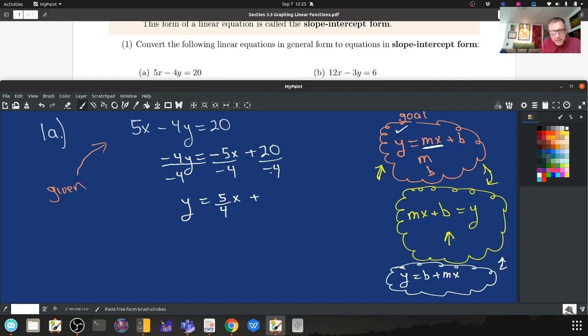And 20 divided by minus 4 is equal to minus 5. And I'm done. y is equal to mx plus b. My m value is 5/4, and my small b value is minus 5.